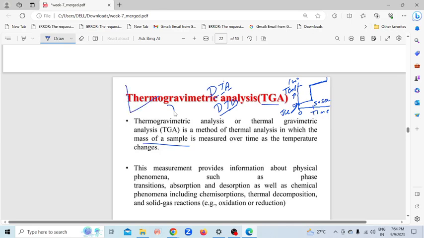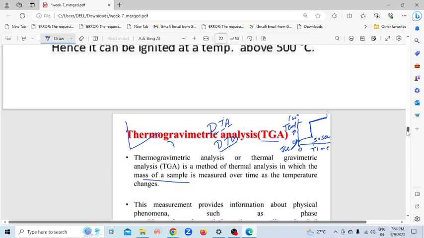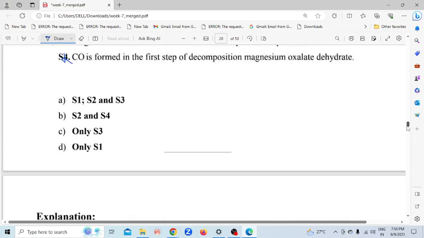Just let me have some space. Okay, this is TGA. Mass loss starts here, first mass loss we can say, and completes here.